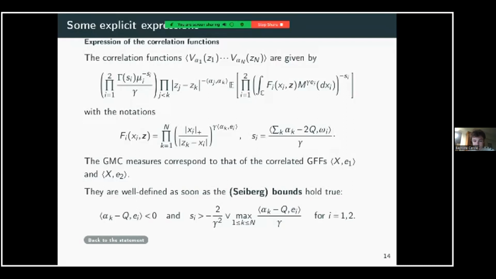The second one just amounts to saying that the moments of the GMC do not blow up. So you cannot take arbitrarily large moments of GMC measures, all the more if there are singularities. And this second assumption simply corresponds to this fact.